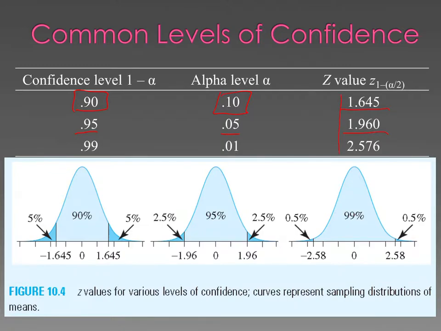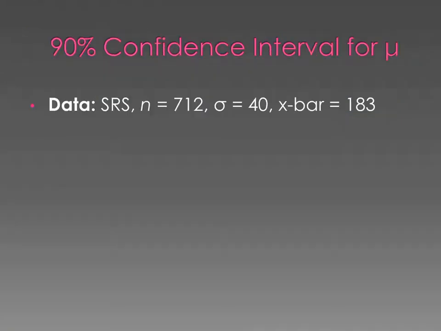These z values, once again, are not a bad thing to memorize. So if you wanted a 90% confidence interval for mu, and you took a simple random sample of 712 people, standard deviation of 40, and your x bar is 183, what would you do?